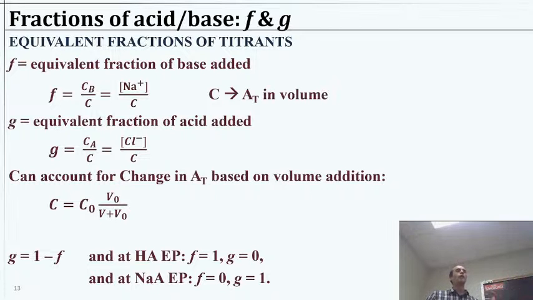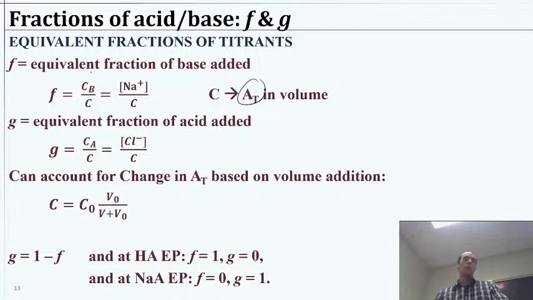Some people will describe the fraction of acid or base that is in the solution as F or G. So if we define a concentration as the total acid AT in solution, but given that we are adding the titrant, usually we're changing the volume a little bit. We're not going to call it AT. It's basically AT, but maybe we want to change it a little bit or account for it. So we're going to call it C. So F then is CB over C.